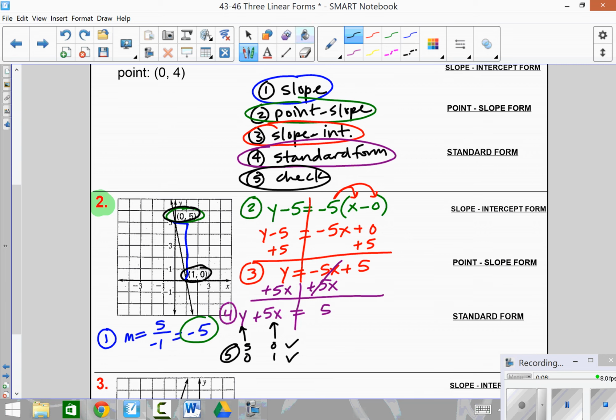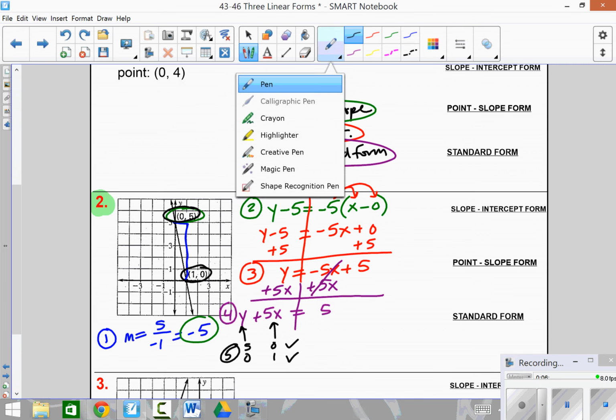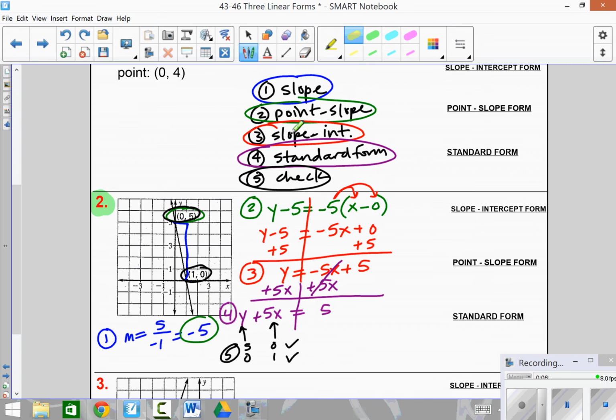We have just rewritten this in 3 different forms, which is our learning target. We are rewriting equations, converting our equations between all 3 forms. Form 1 is point slope, form 2 is slope intercept, form 3 is standard form. Okay? And what you can do, this is your work. It shows all the steps. If you really want to, you can go ahead and write the arrows to where they fit.